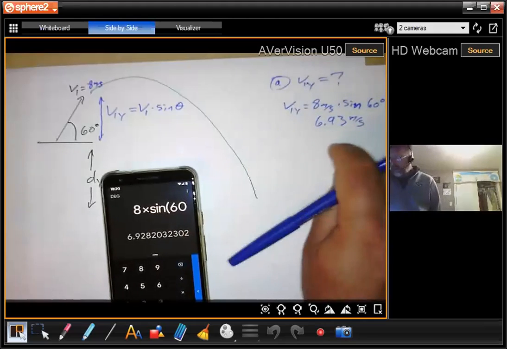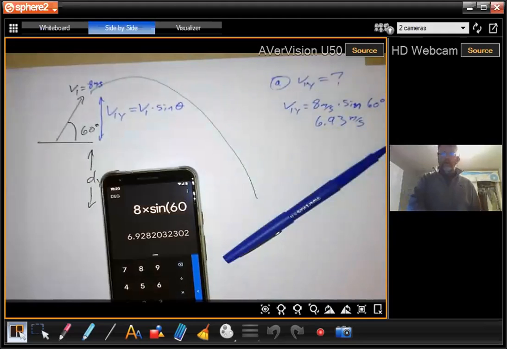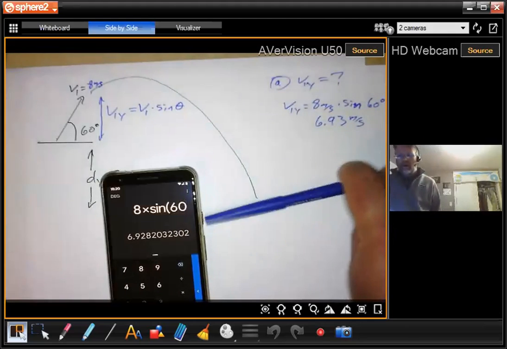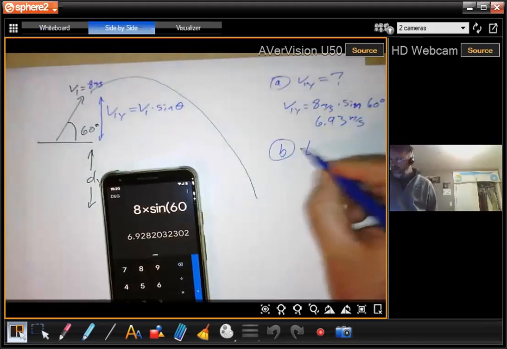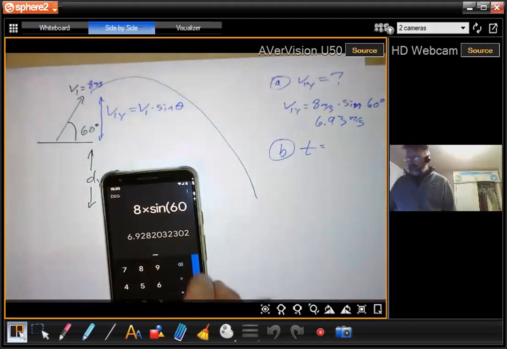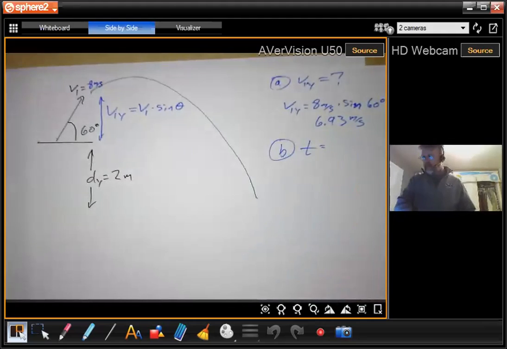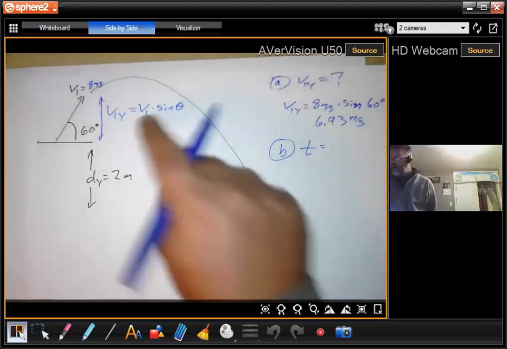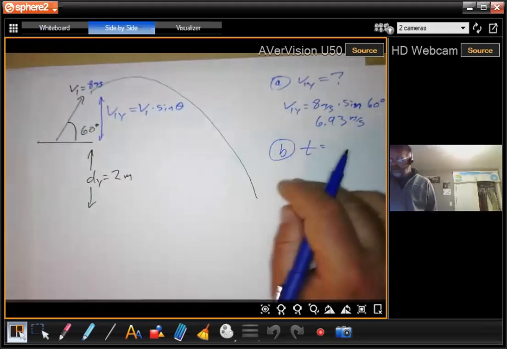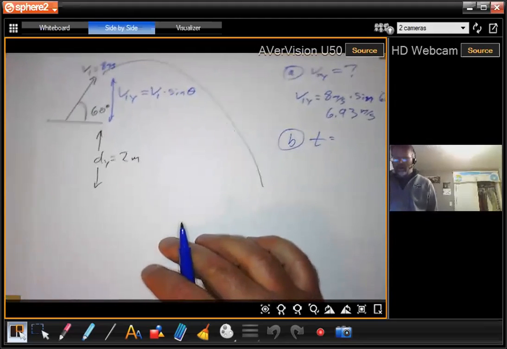All right, so that means we can go on to part B. How much time was she in the air? So let's take a look at that. Now we need to get a lot more formal here. This one was very easy, it was just a triangle, but now we need to start doing our list of knowns.